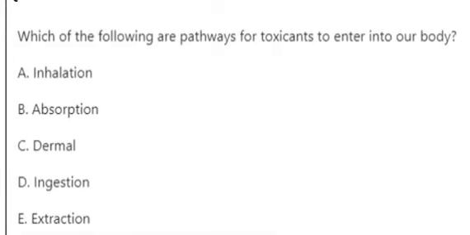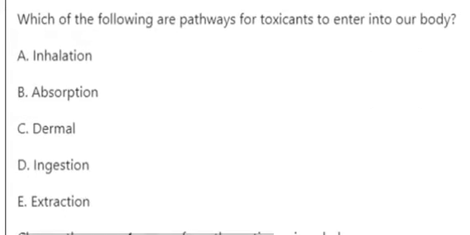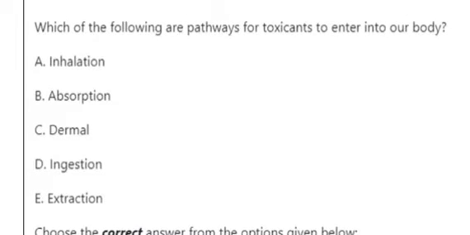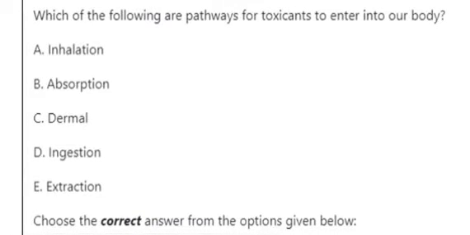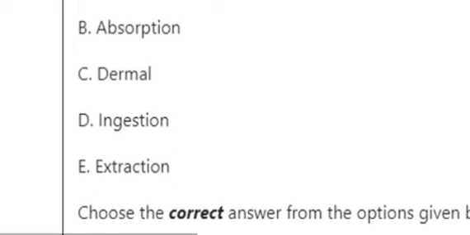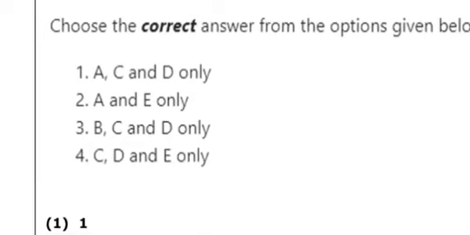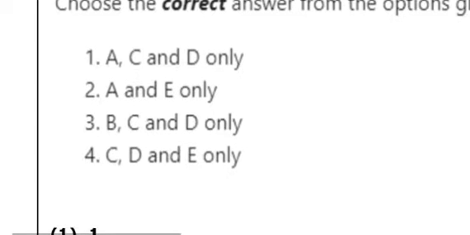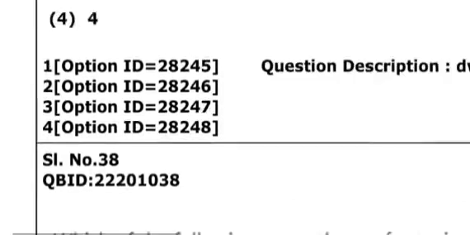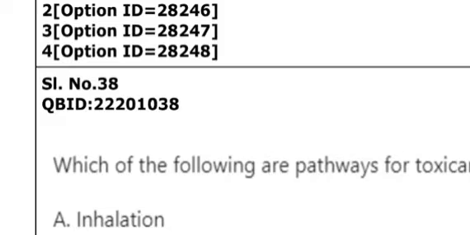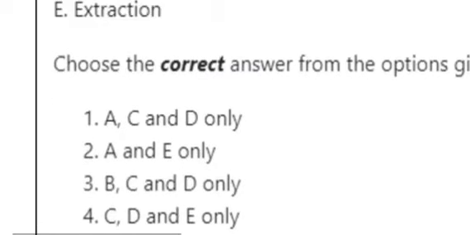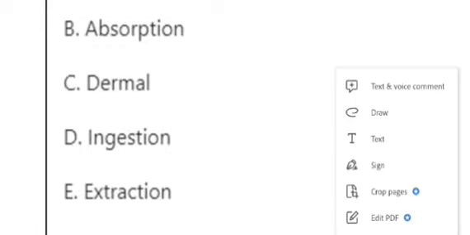38: which of the following are pathways for toxicants to enter into our body? A: inhalation, B: absorption, C: dermal, D: ingestion, E: extraction. Choose the correct answer from the options given below: A, C and D; A and E; B, C and D; C, D and E. For 38, the correct option will be number A. That means A, C and D only.